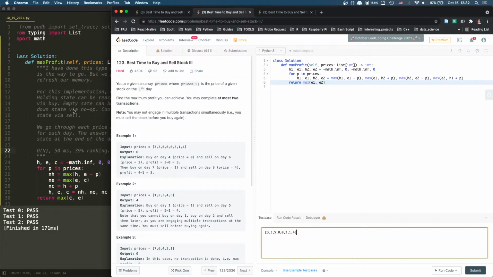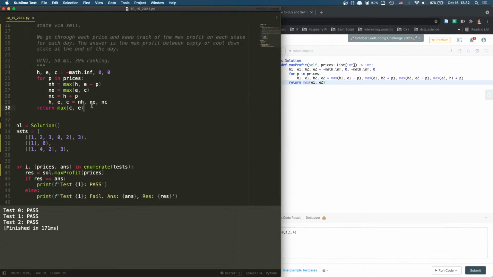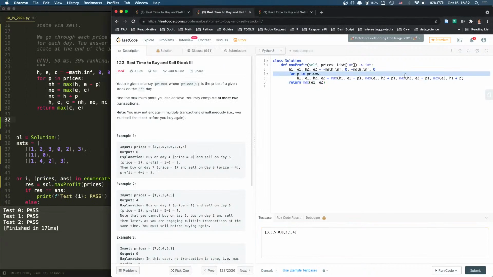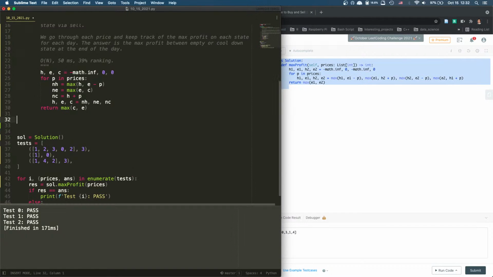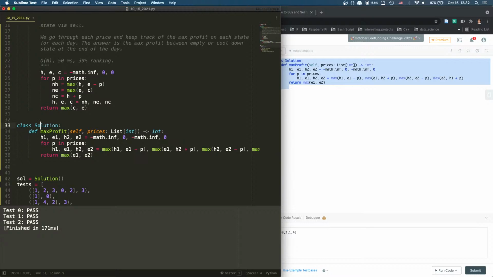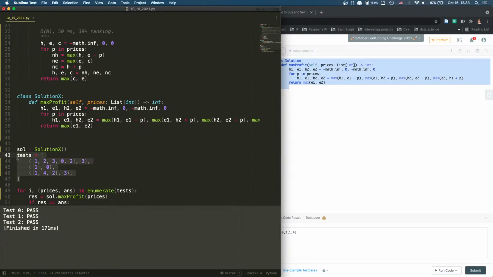I'll do this here. Some extra things I want to try. Solution X, and then the test cases are different. Tests equals 2.